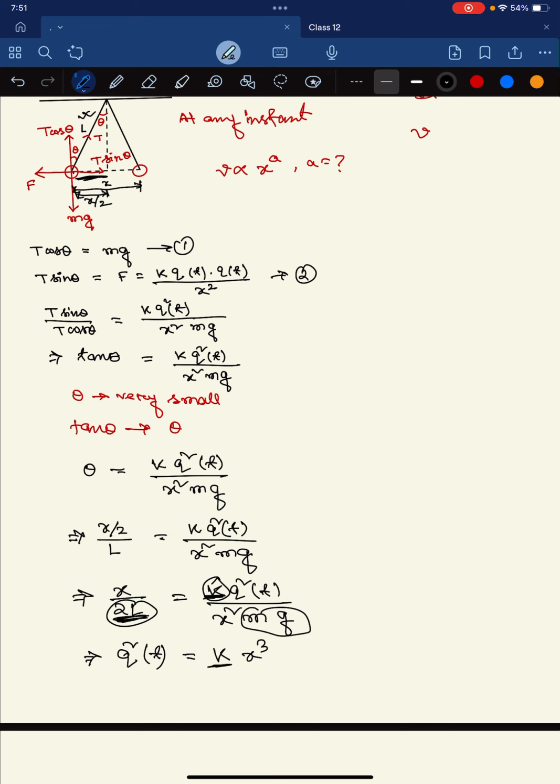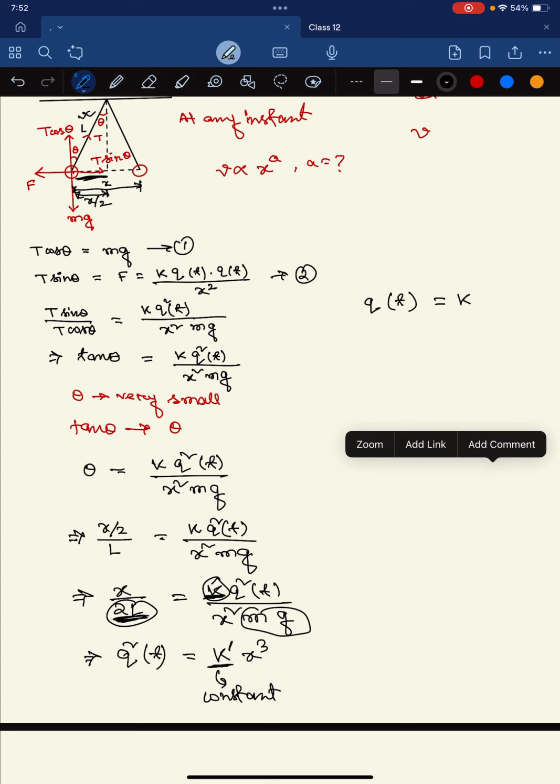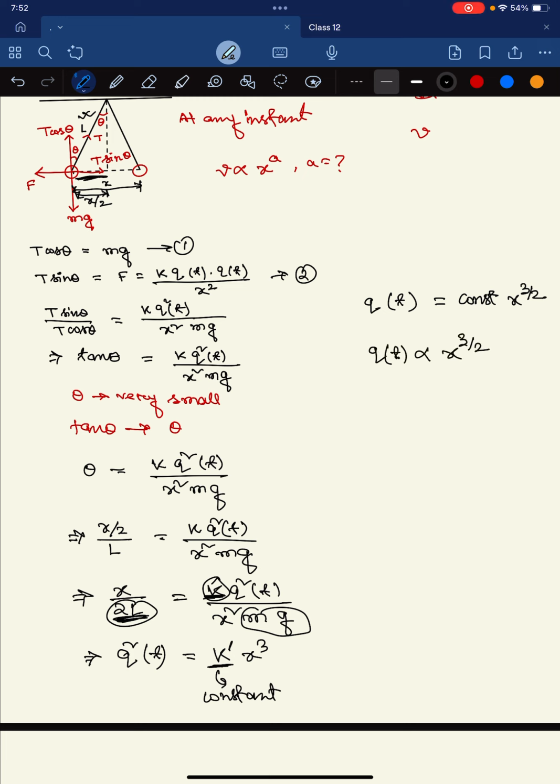Let's say this constant is k dash, so q square is equal to a constant times x cube. Or I can write q of t is equal to some constant times x to the power 3 by 2. So q of t is proportional to x to the power 3 by 2.